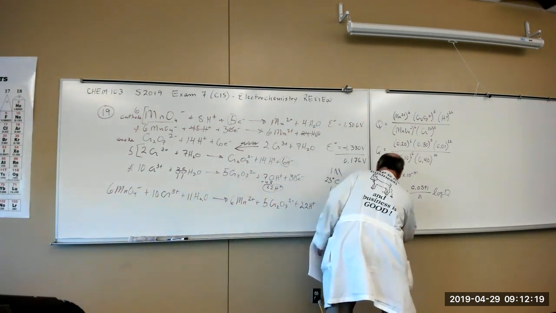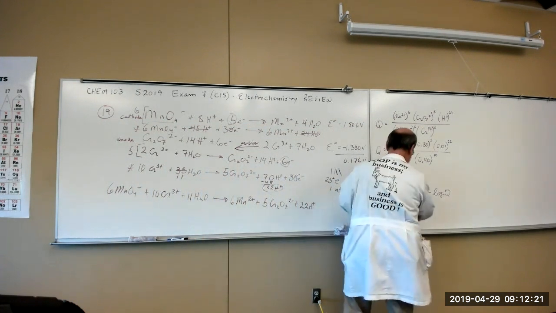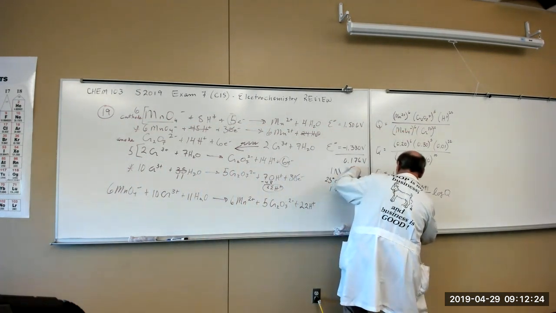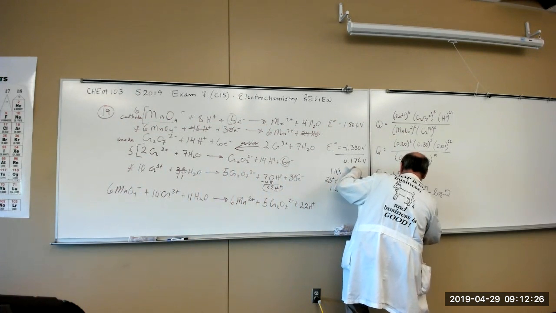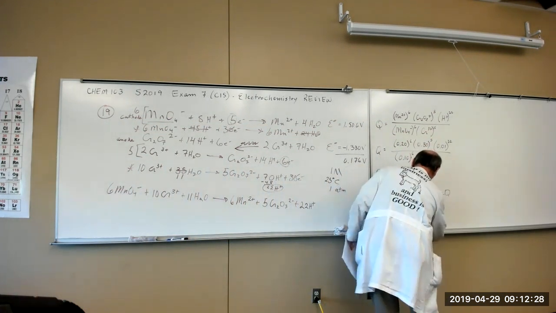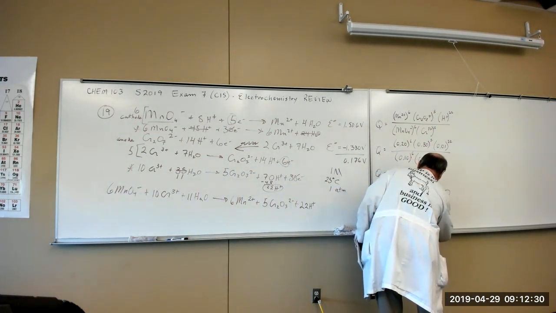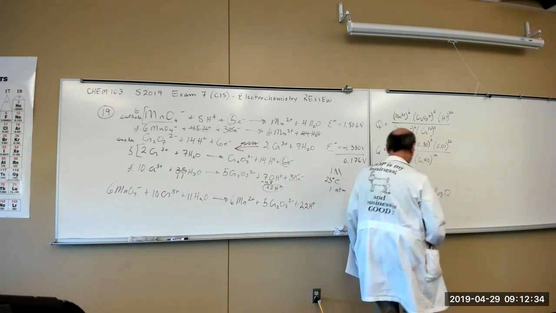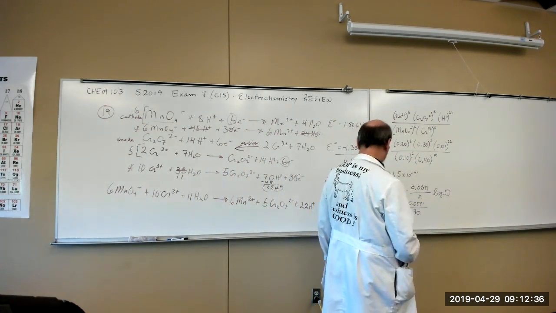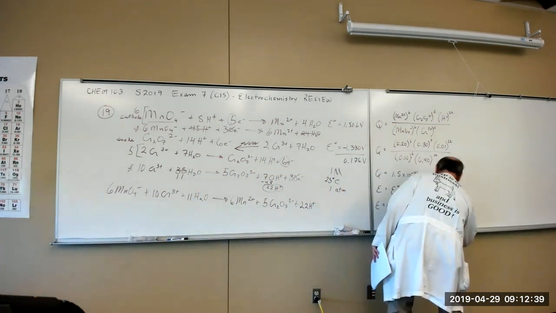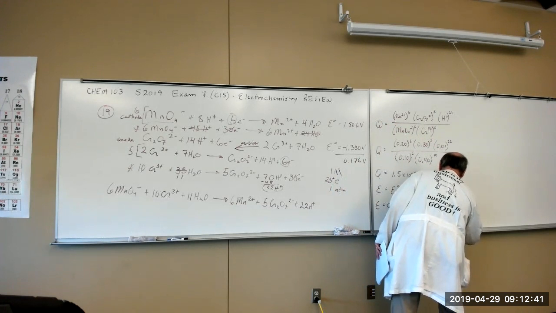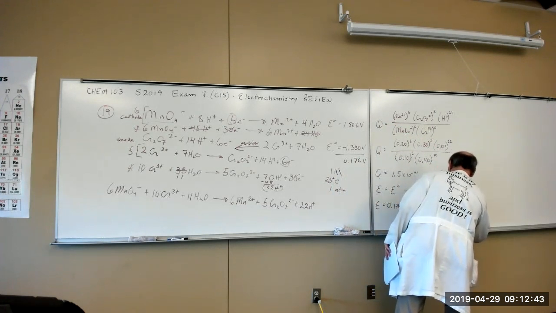Right? So this value is 0.176. Then we have 0.0591 over 30 electrons. And then we can take the common log of this value.